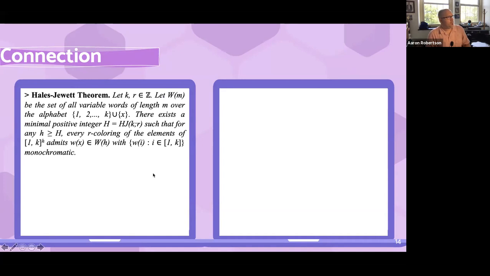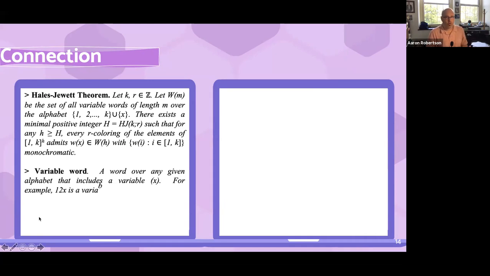If capital W of M is the set of variable words, by a variable word, I'm looking at a word that has the variable X in it. So something like 1, 2, X is a variable word, but if there's no X, it's not.